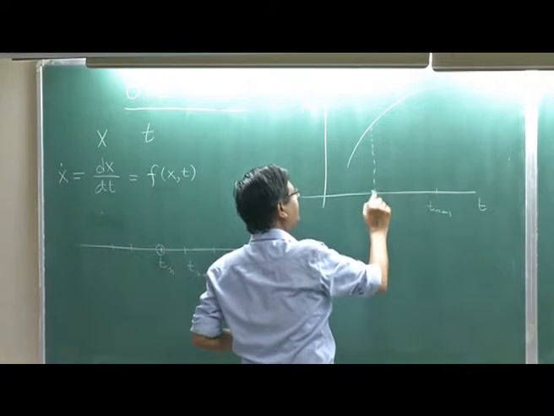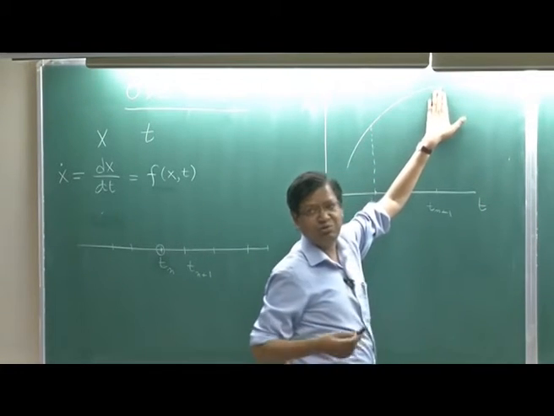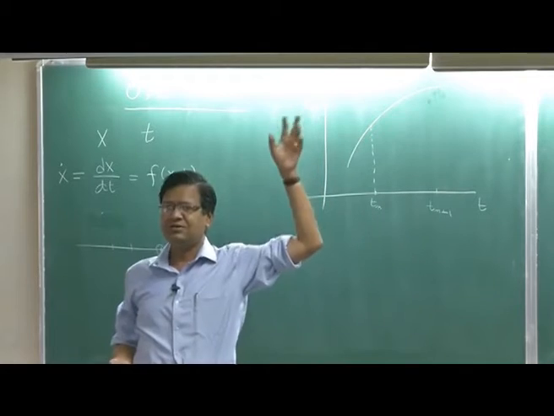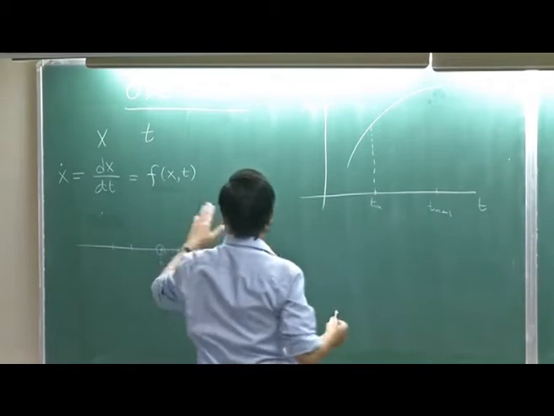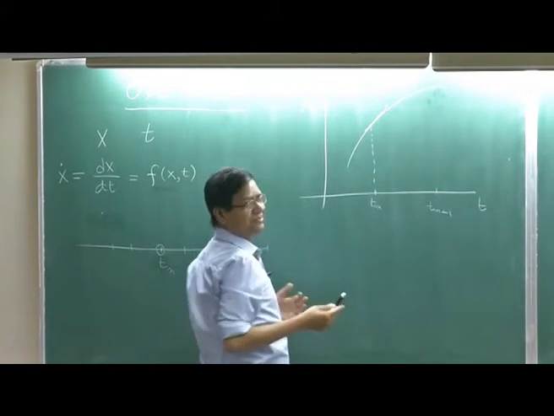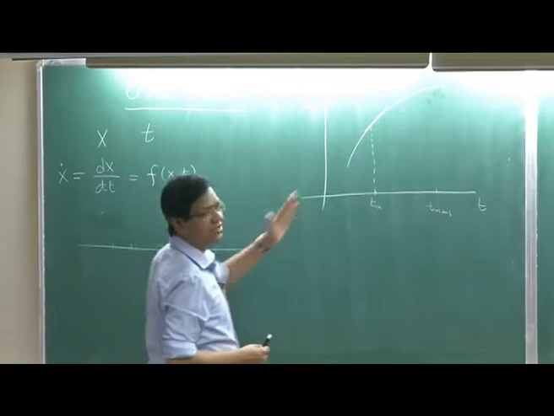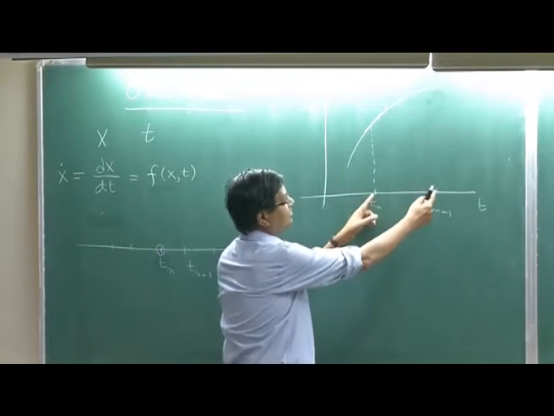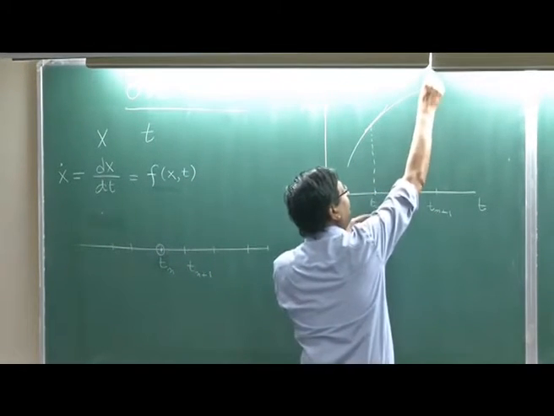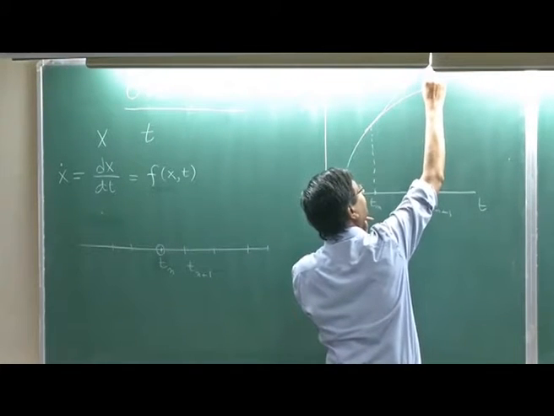At this point I know the slope. By the way, I don't know the real curve; I have to compute it numerically. So I compute the slope, which is f, at that point, and using the slope I extrapolate till here.